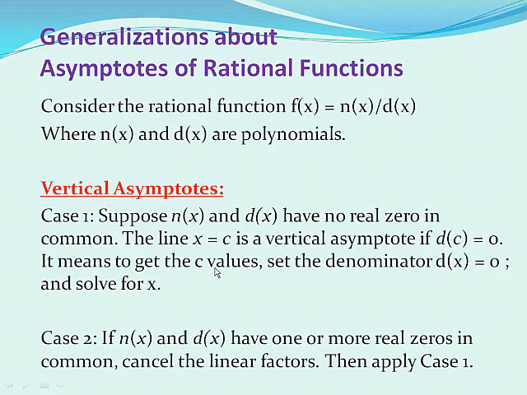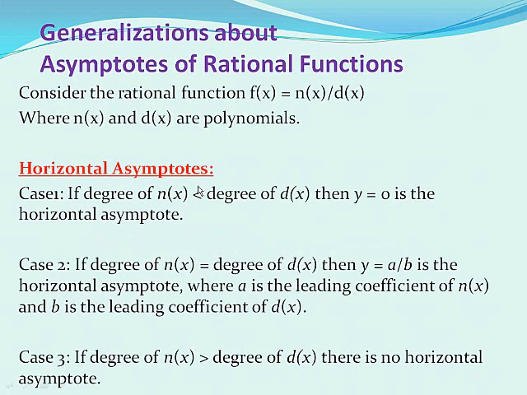It means to get the c values, set the denominator d of x equal to 0 and solve for x. Case 2. If the numerator n of x and the denominator d of x have one or more real zeros in common, cancel the linear factors, then apply case 1.